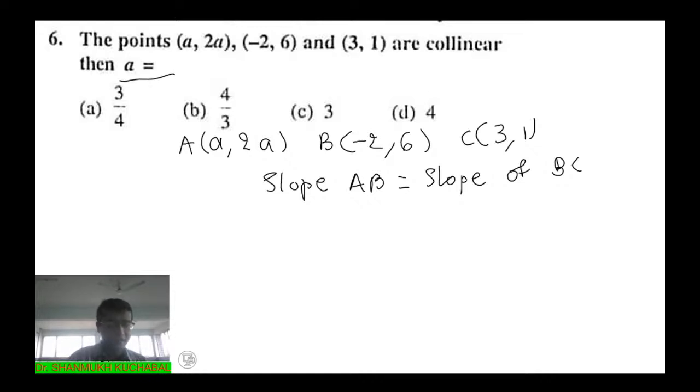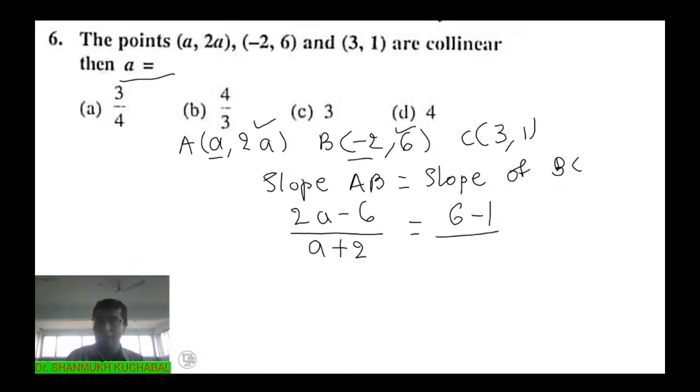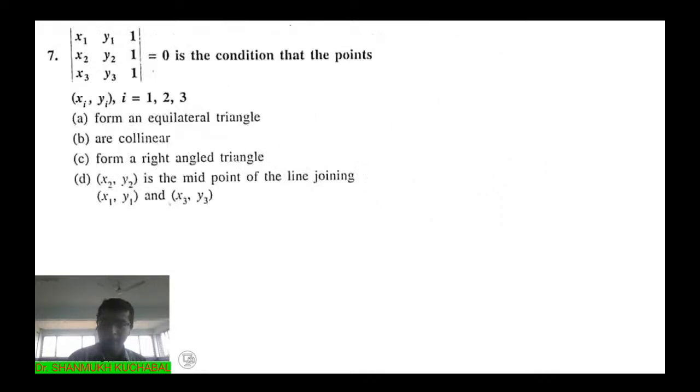Using that, we will calculate the value of a. Slope of AB is y coordinate minus y coordinate, 2a minus 6, over x coordinate minus x coordinate, a minus (-2), that is a plus 2. Now slope of BC is y coordinate minus y coordinate, 6 minus 1, over x coordinate minus x coordinate, minus 2 minus 3. So on simplification, the LHS is as it is.